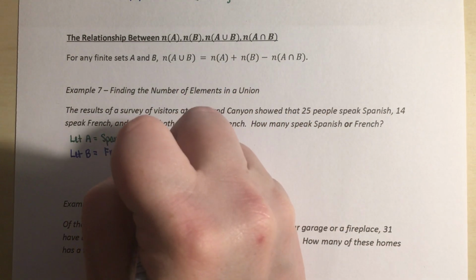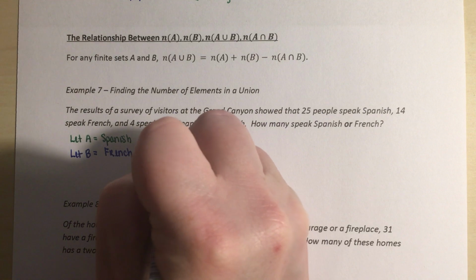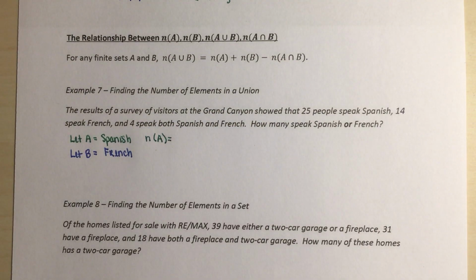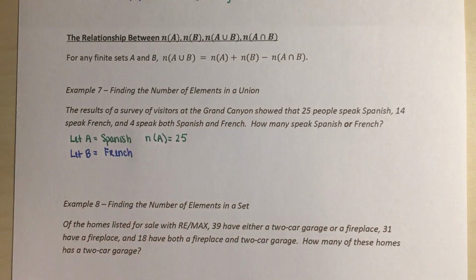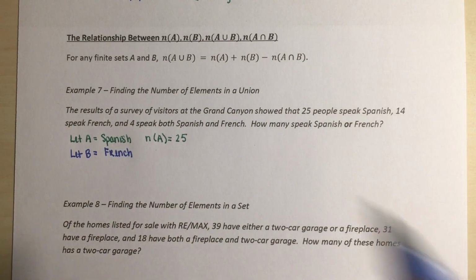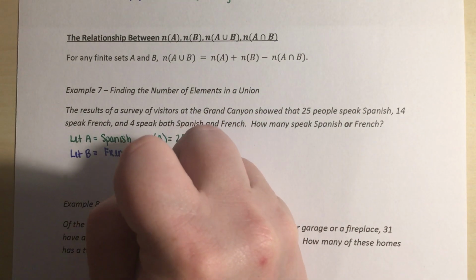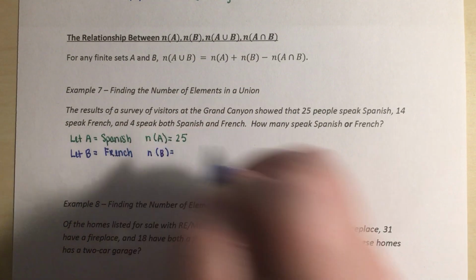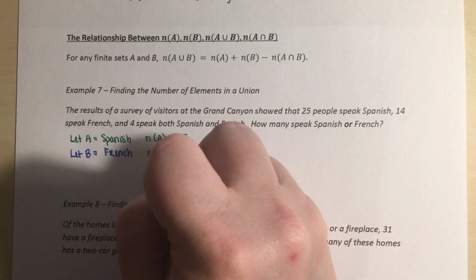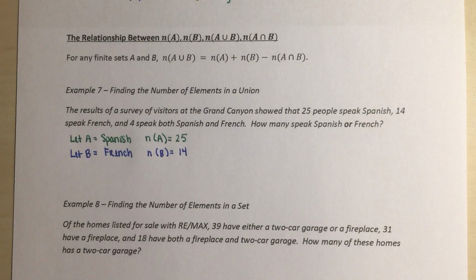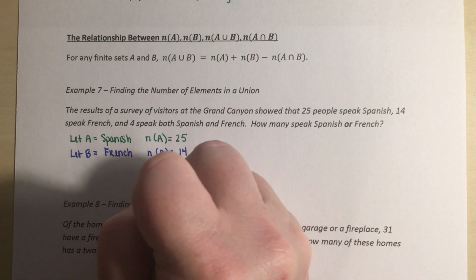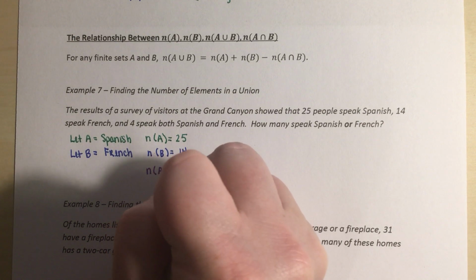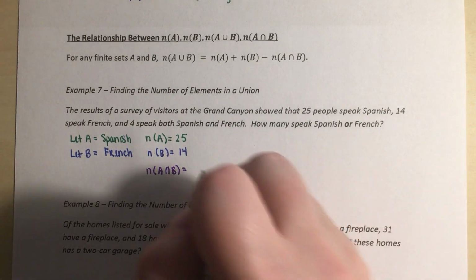The number of elements in set A, our cardinality of A, the number of people that speak Spanish, is 25. Our cardinality of B, the number of people that speak French, is 14. The number of people that speak both, that's A intersect B, is 4.